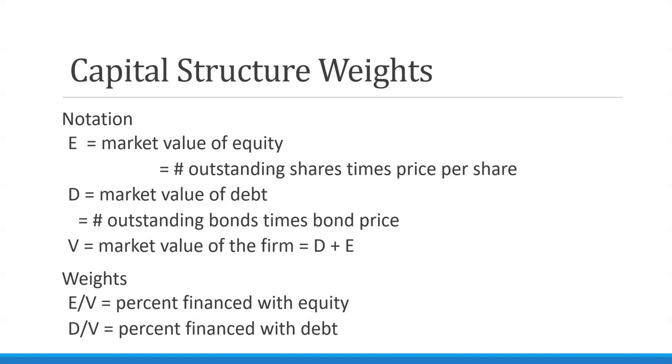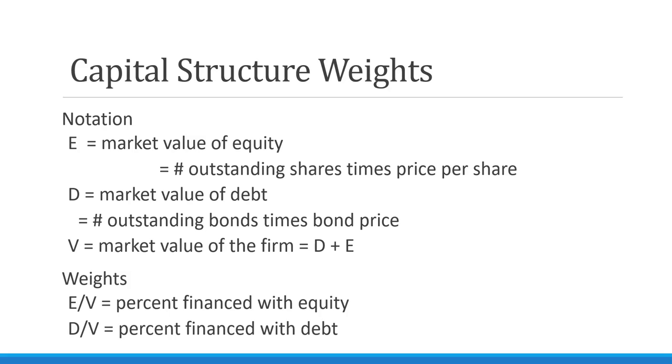For the capital structure weights, we have E, which is the market value of our equity. We calculate E by taking the number of outstanding shares times the price per share. D is the market value of our debt. This is the number of outstanding bonds times the bond price.